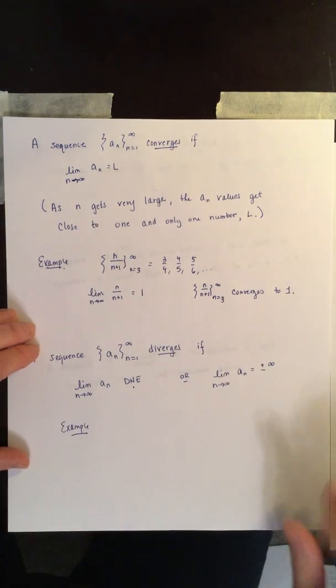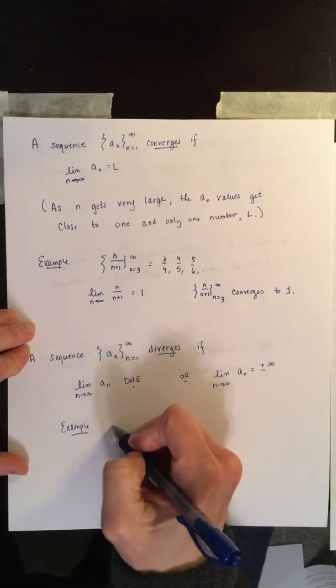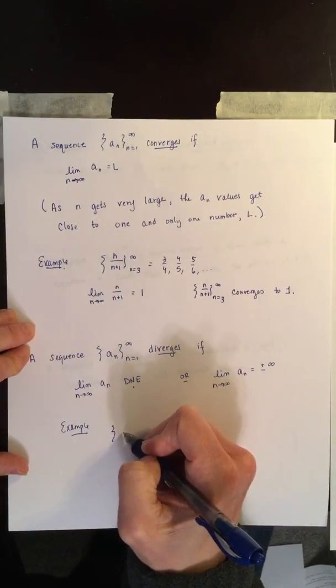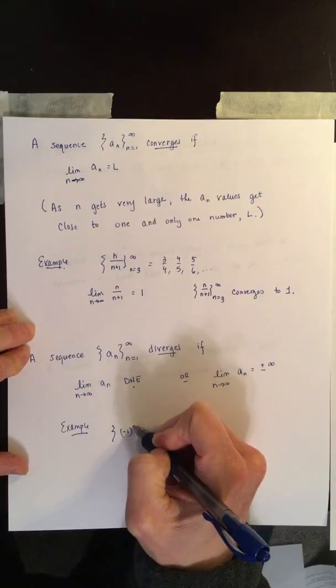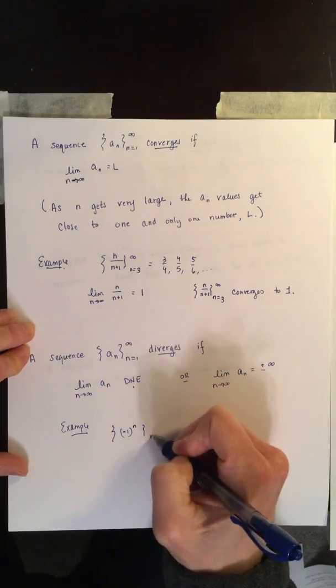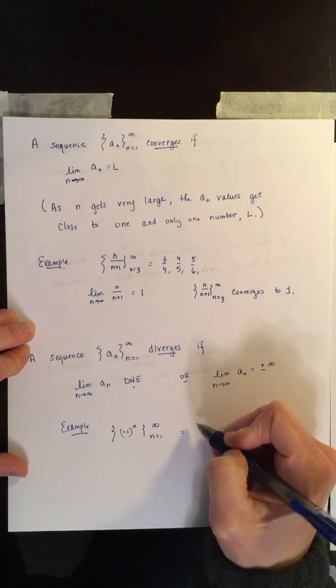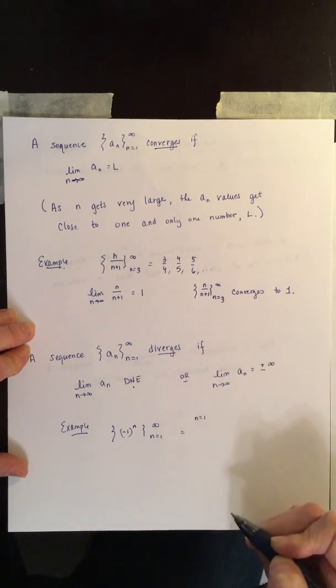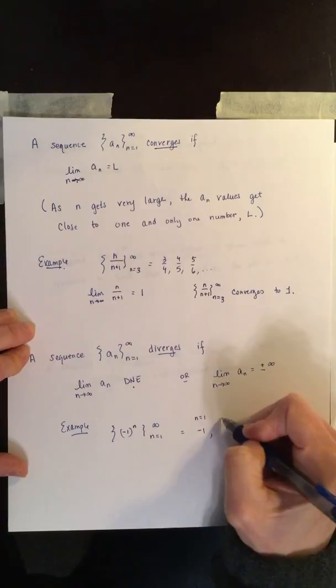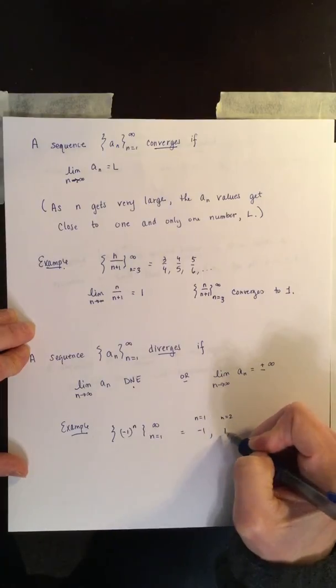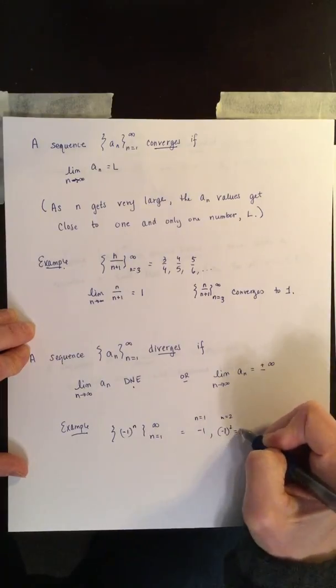Again, an example could be negative 1 to the nth power, and n begins at 1 to infinity. So when n is equal to 1, we would have negative 1. When n is equal to 2, we would have negative 1 squared, which is 1.